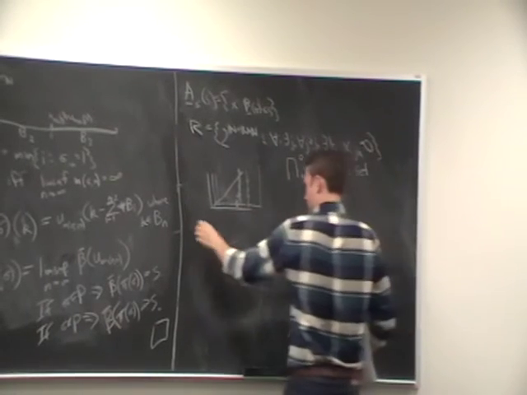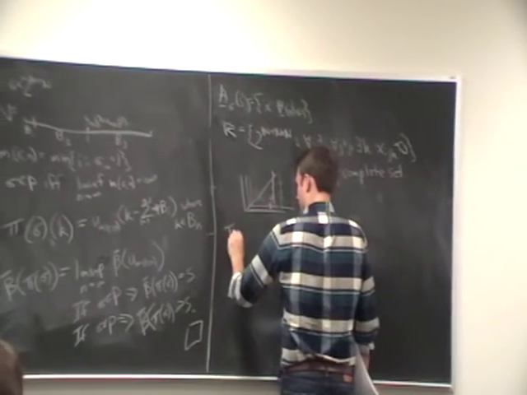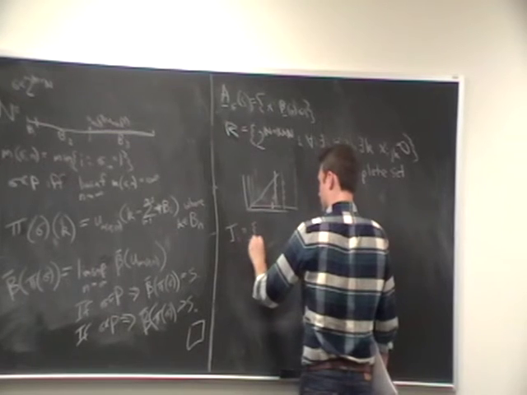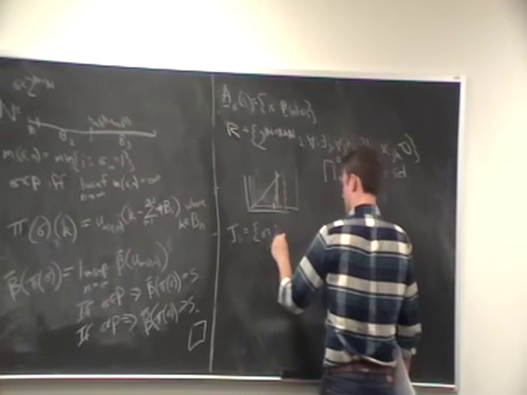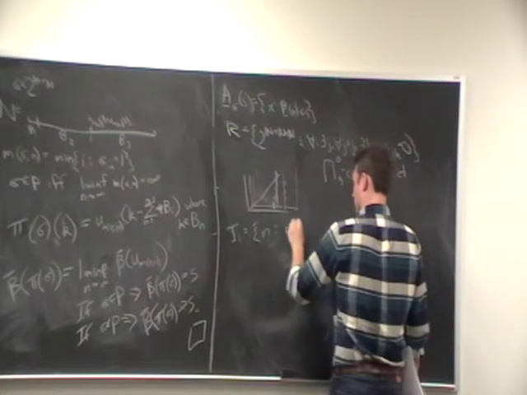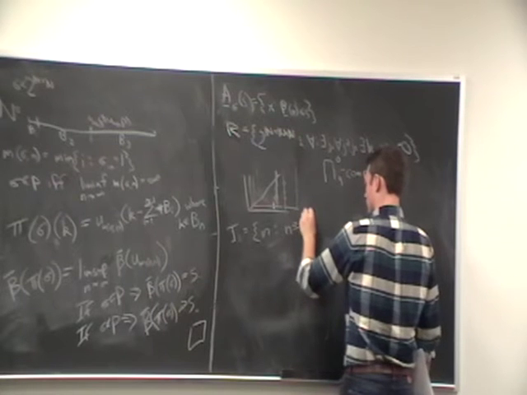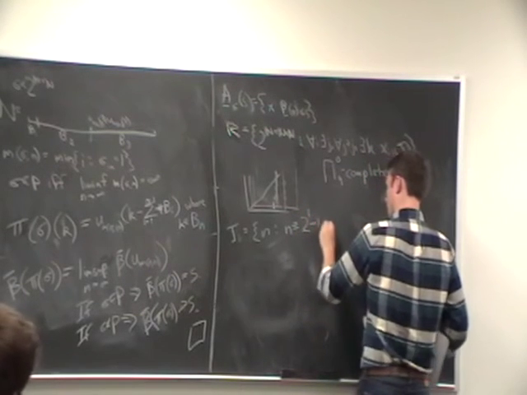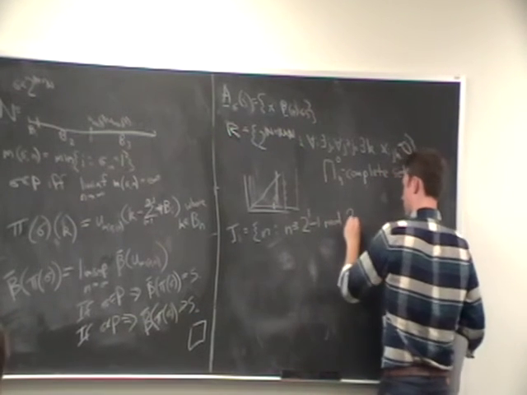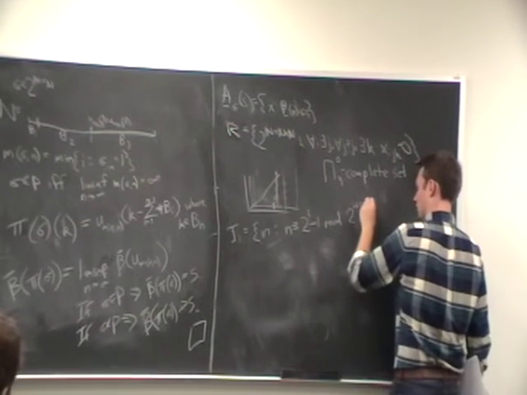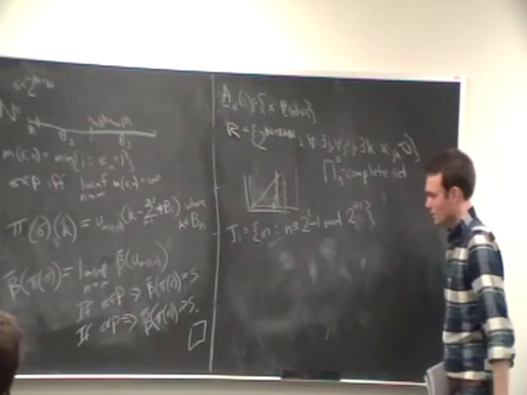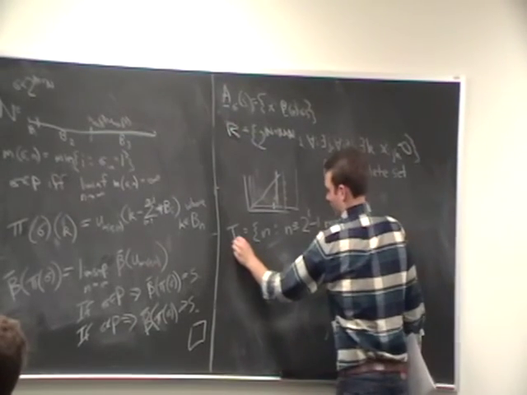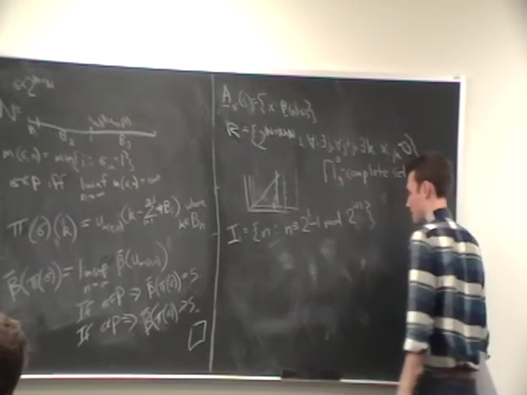So to start, let's define I sub i to be the set of natural numbers n, such that n is equivalent to 2 to the i minus 1 mod 2 to the i plus 1. So each of these I sub i's are going to be disjoint sets.